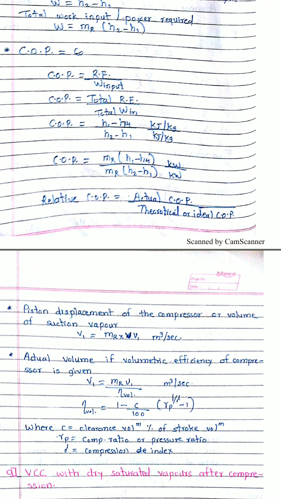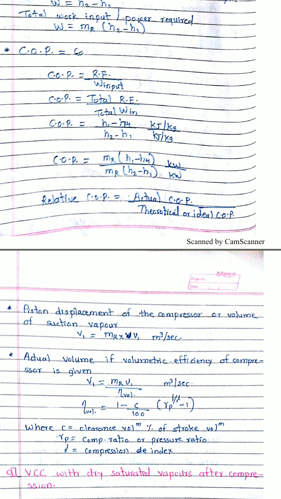Also for the actual volume, if the volumetric efficiency of the compressor is given, then V1 is equal to MR into specific volume divided by volumetric efficiency. So if some changes are given in the numerical, you can accommodate them. If volume is directly given, you can directly multiply the specific volume by the mass flow rate. But if the efficiency of the compressor is given, then you have to divide by the efficiency.